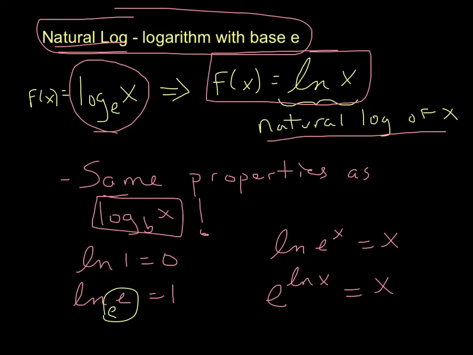Natural log of e to the x is still x, and e to the ln of x is still x. So those same properties that we have for regular logarithms still hold true for natural logs. The natural log is still just a logarithm. It just has its own notation because of that special base e.